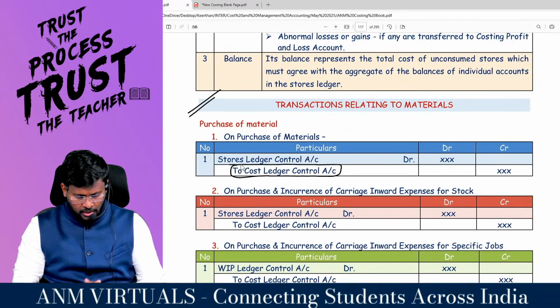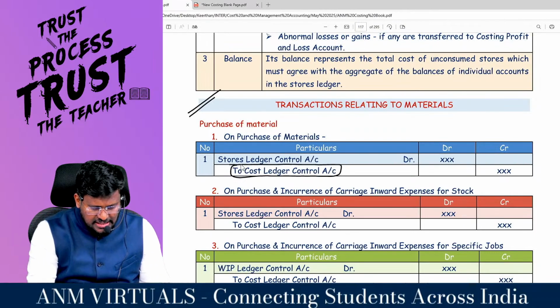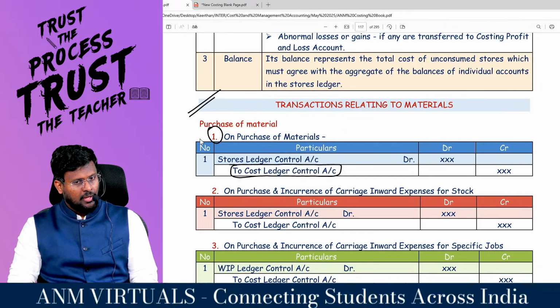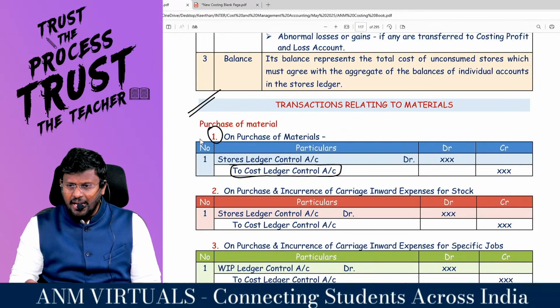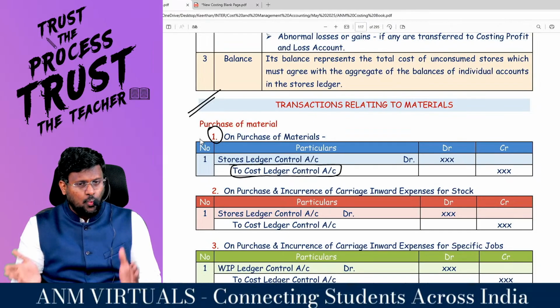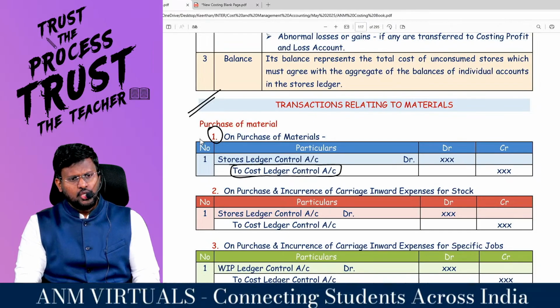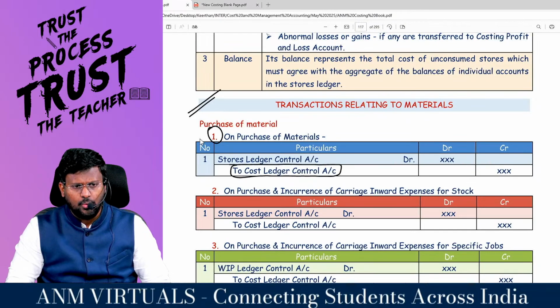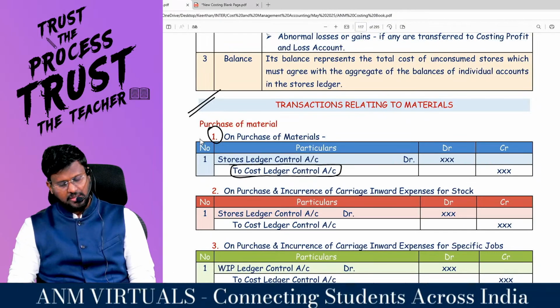So if you purchase the raw material, raw material in the stores increases. What journal entry will you pass? Stores ledger control account debit to cost ledger control account. Comfortable? Fantastic to the core.